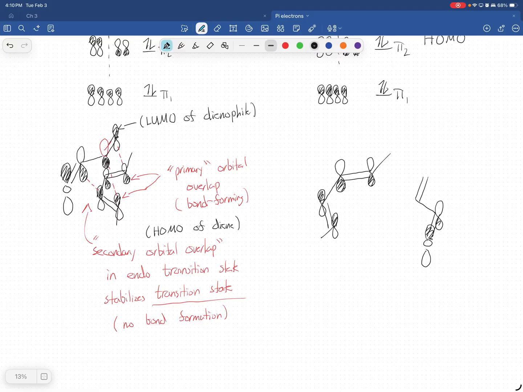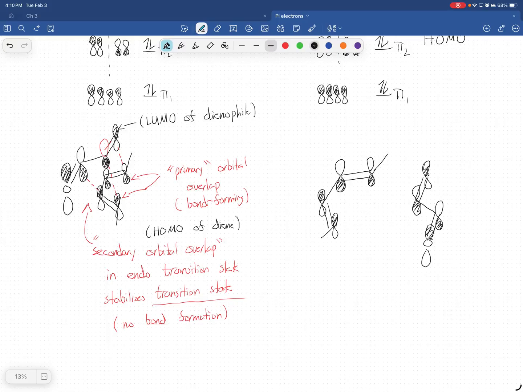Okay, so we have this situation here. Again, the same type of interactions are present for the bond forming, this interaction. Oh, sorry, my bad. Wrong bond.